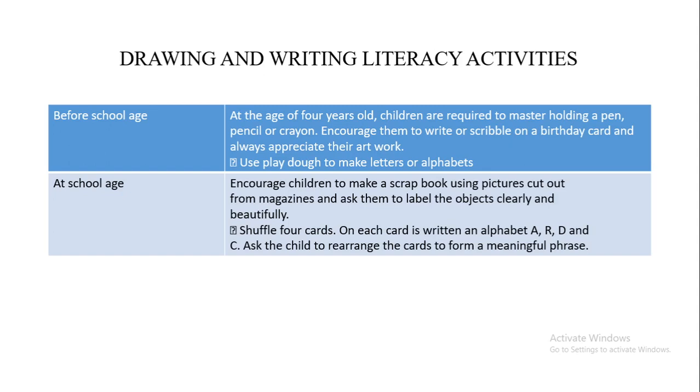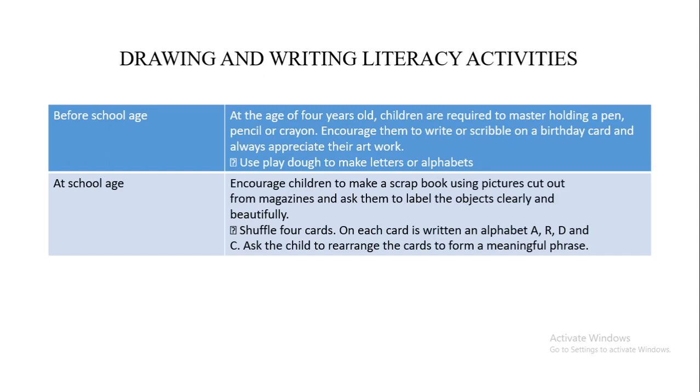And talking of drawing and writing literacy activities, before school age, at the age of about 4 years, children are required to master holding a pen, pencil or crayon. Encourage them to write or scribble on a birthday card and always appreciate their artwork.